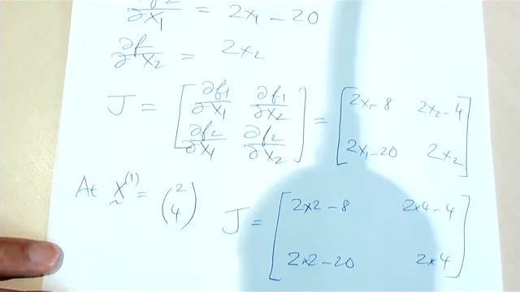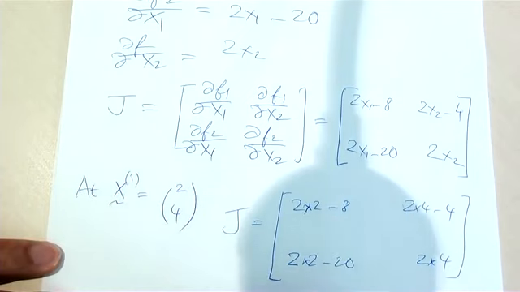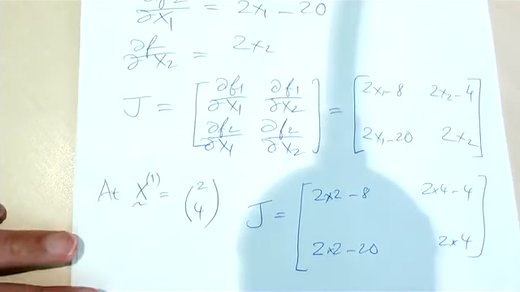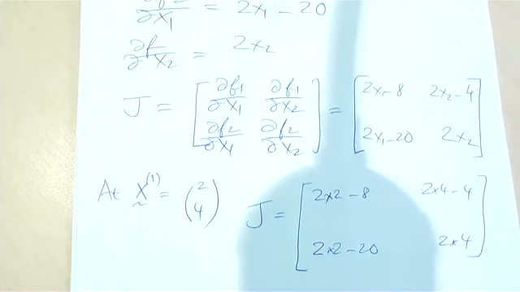So this one will be minus 4, plus 4, minus 16, and 8. That is exactly how I got this Jacobian, okay.